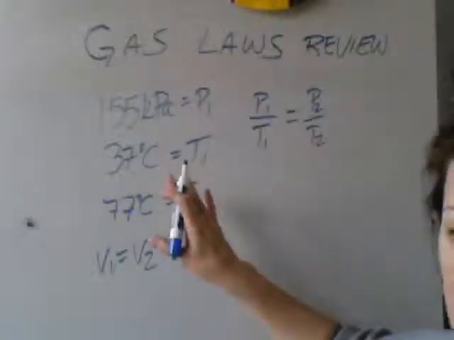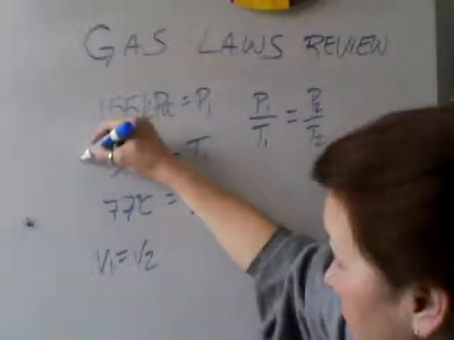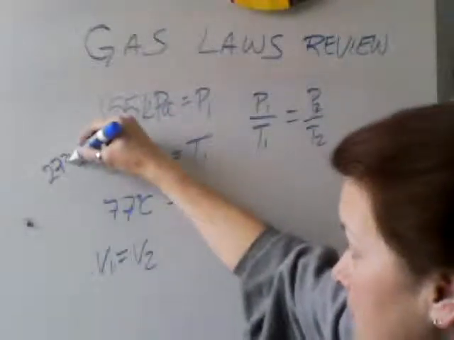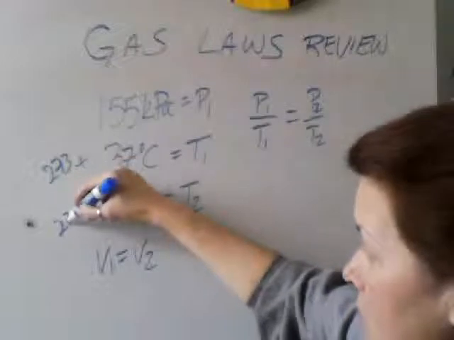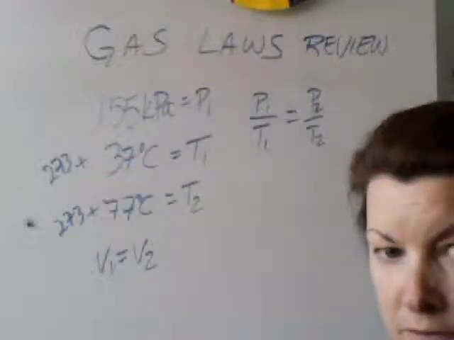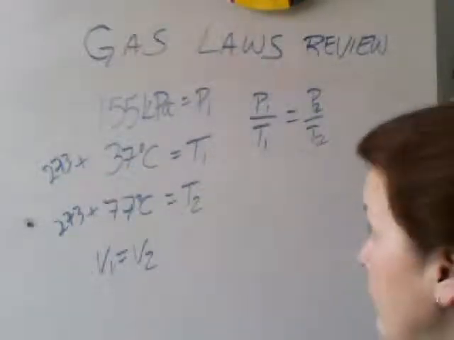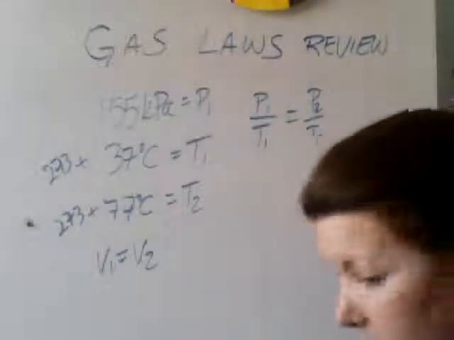Our temperatures are in Celsius, so we need to add 273 to each one of those. You have to be really careful to convert to Kelvin because otherwise you will not get the right answer.